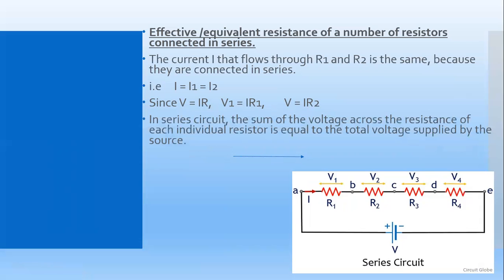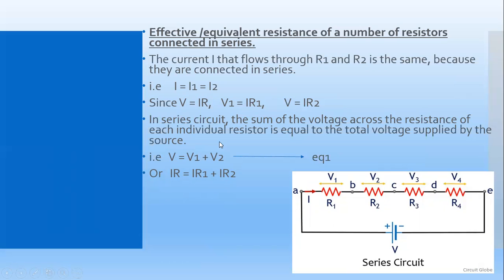In a series circuit, the sum of the voltage across each individual resistor is equal to the voltage supplied by the source. That means V is equal to V1 plus V2. So put the values of V1 and V2 from above in equation number 1. Instead of V, we put IR.